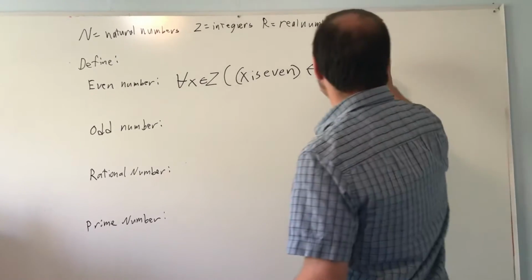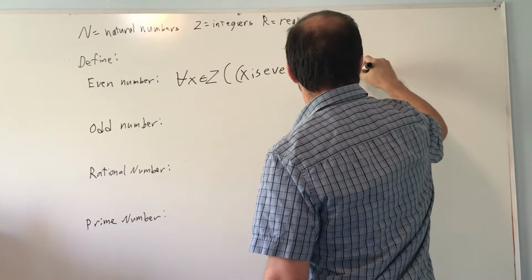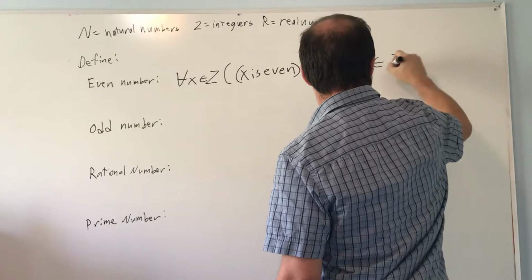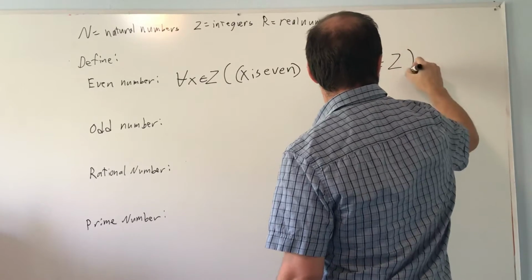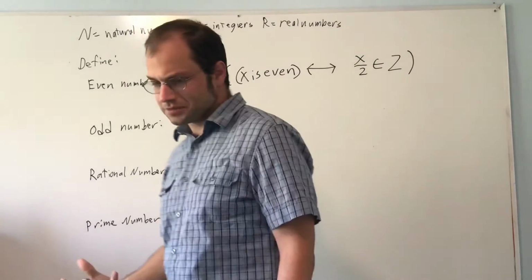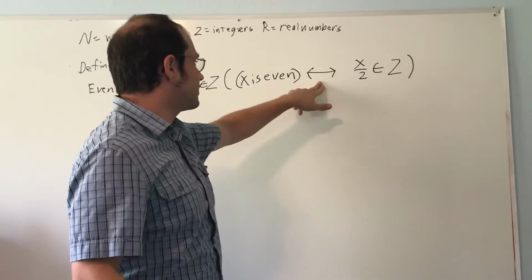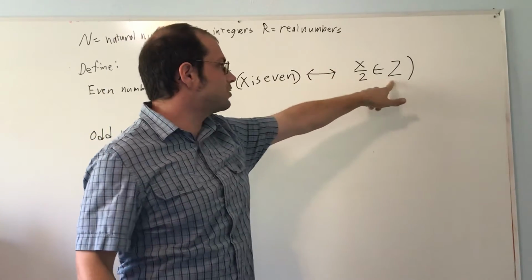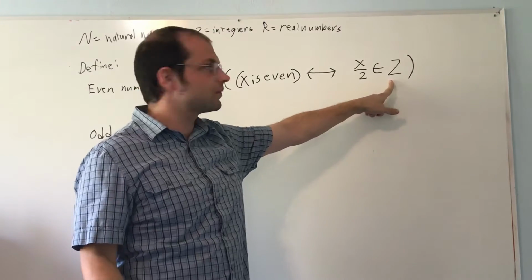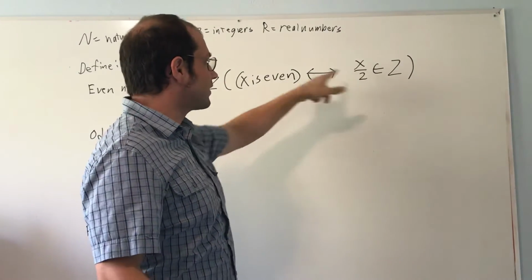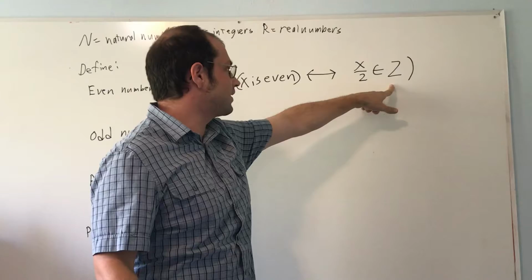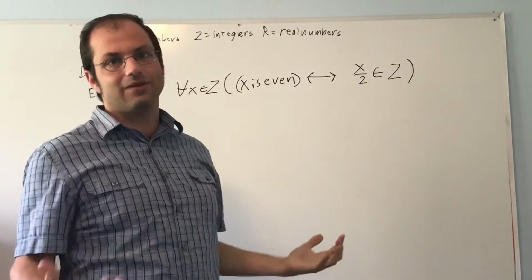So one way of saying it is like this. If x is even, then x divided by 2 is an integer. And the arrow goes in both directions: if x divided by 2 is an integer, then x is even.